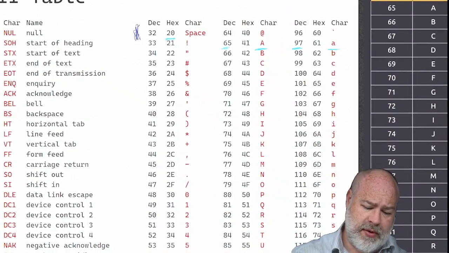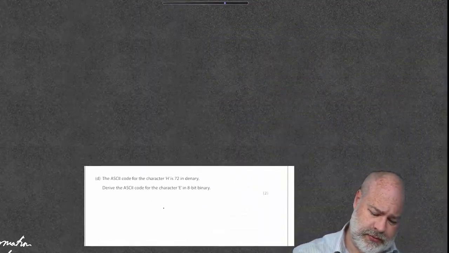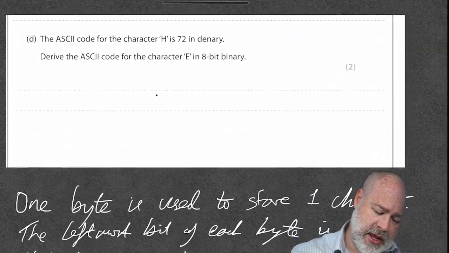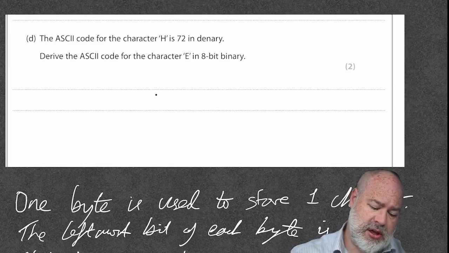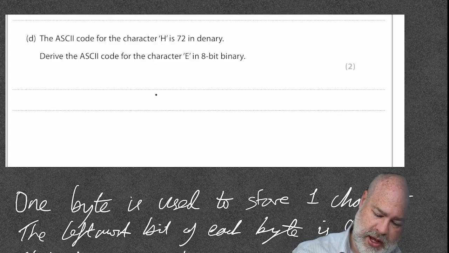So a typical exam style question, which we'll have a look at, might be this. An ASCII code for the character H is 72 in denary. Derive the ASCII code character for E. All right, so for something like this, the easiest way of doing this would be to say H is 72.